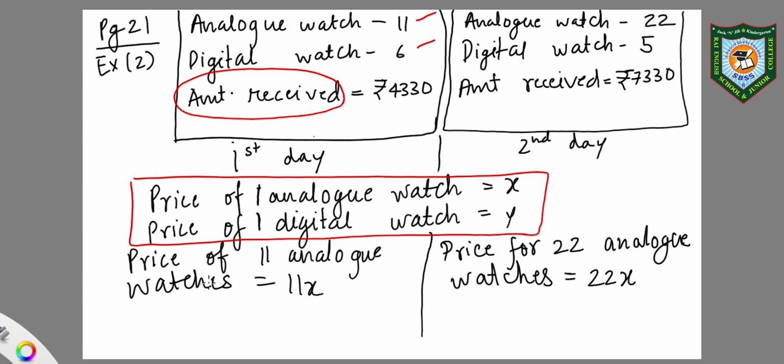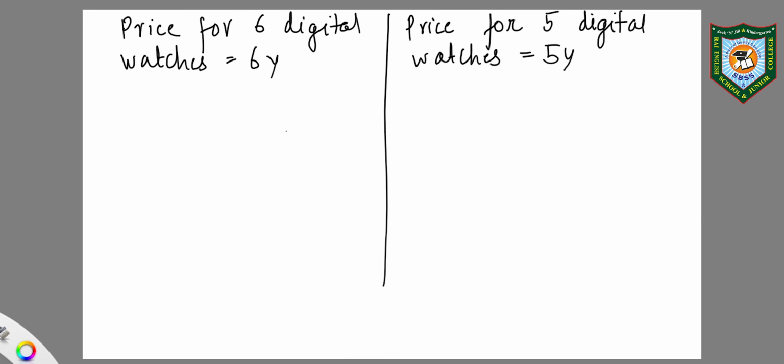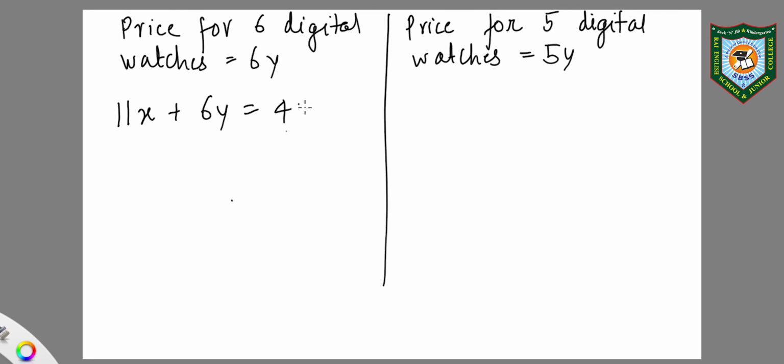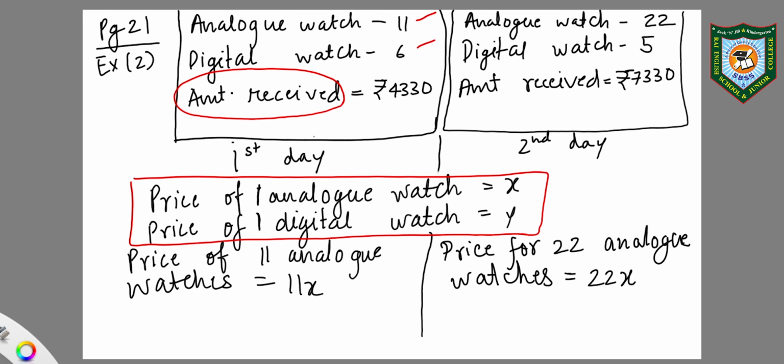So price of 11 analog watches is 11x, price for 6 digital watches is 6y. So I can safely say 11x plus 6y is equals to the total amount he received, which is 4330.